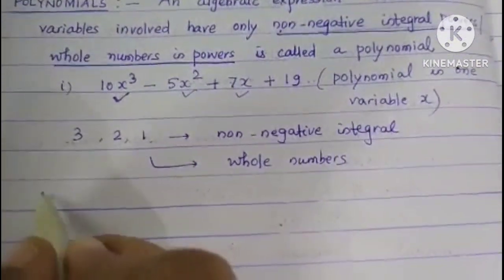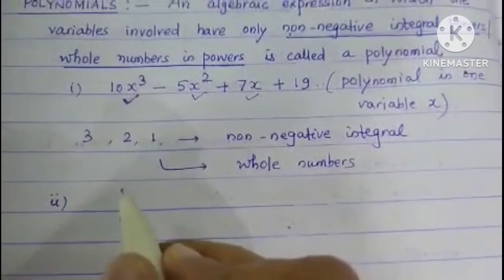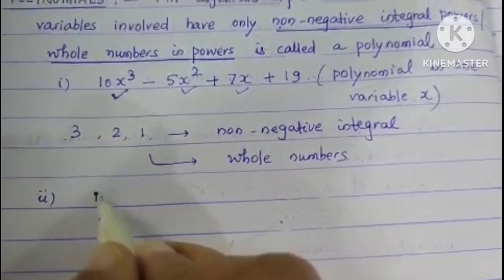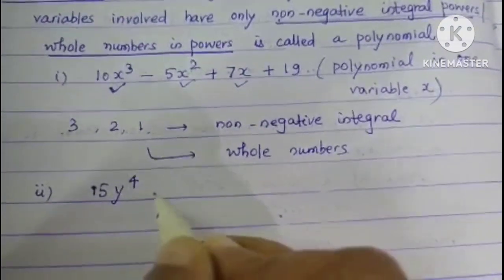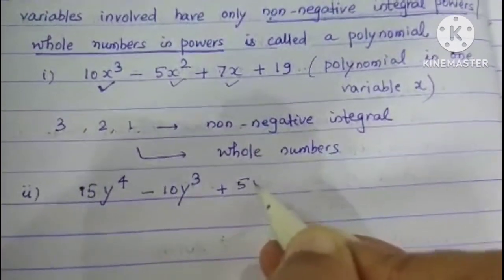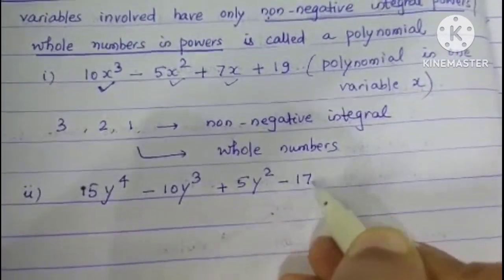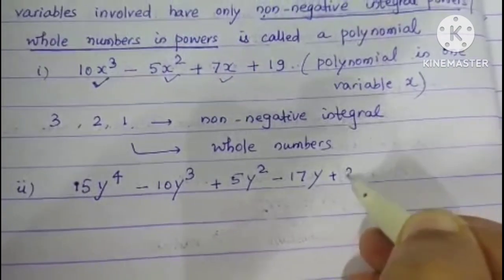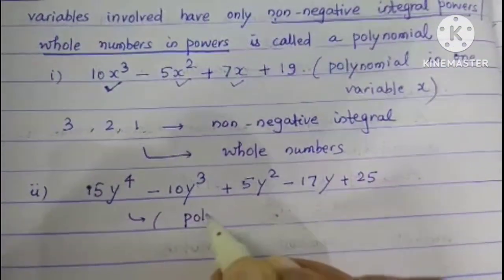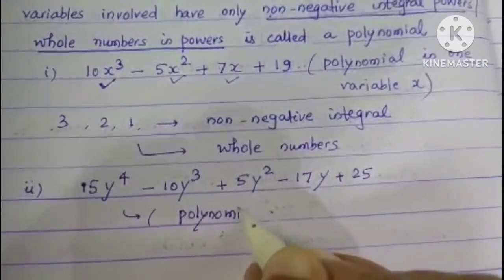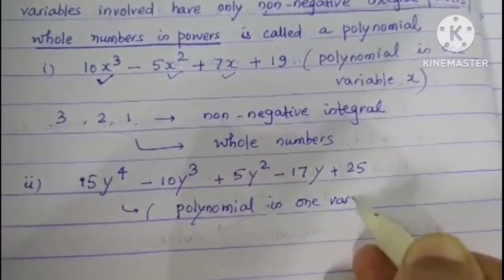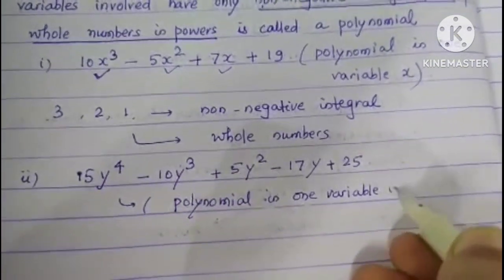So let us see another example. In variable x we have seen, let us see in y. So 15y to the power 4 minus 10y to the power cube plus 5y square minus 17y plus 25. This example will be a polynomial in one variable y.